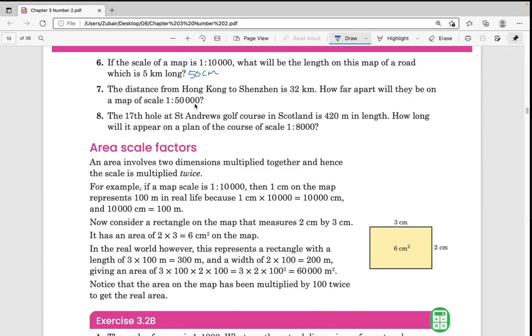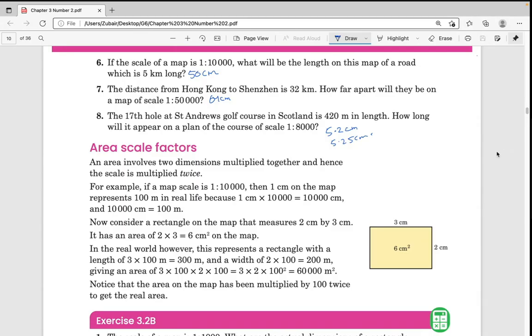And the seventh one is 64 centimeters. And the eighth one is 5.25 centimeters. 5.2 or 5.25? 5.25.